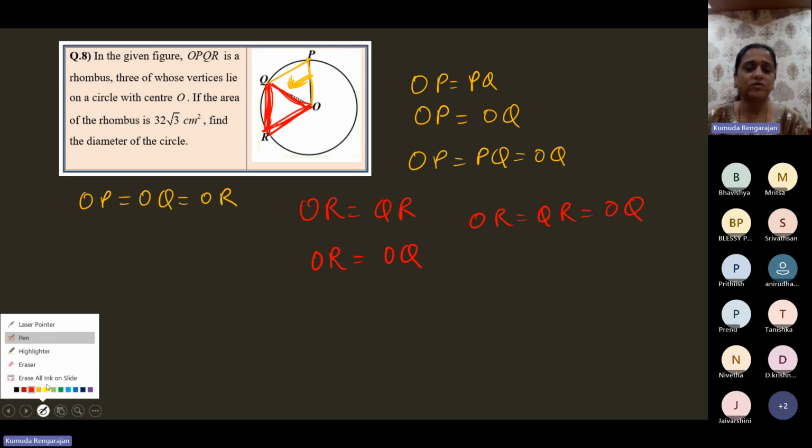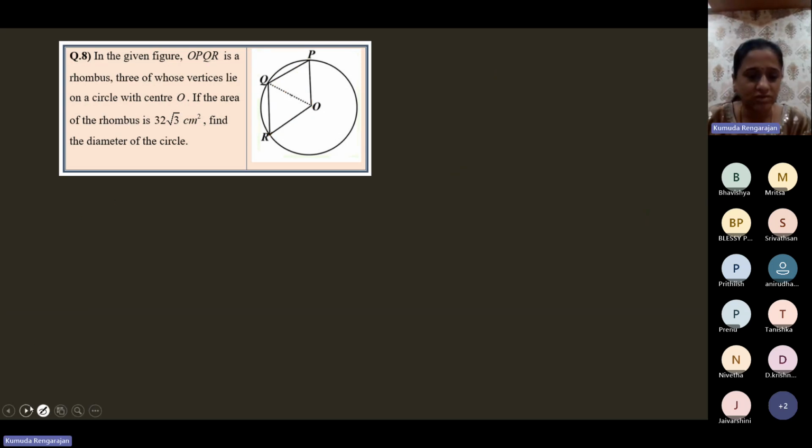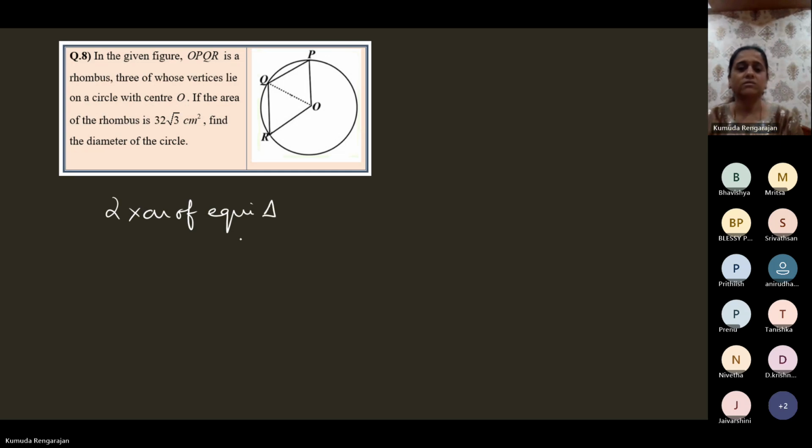So then what is the area of the rhombus? The area of the rhombus is 2 into area of equilateral triangle, because this rhombus is made up of two equilateral triangles. So area of one equilateral triangle into 2 is the area of the rhombus. And that is given to be 32 root 3.